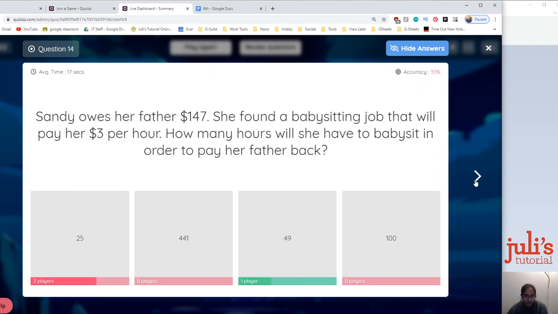Sandy owes her father $147. She found a babysitting job that will pay her $3 per hour. How many hours does she have to work to pay her father back?